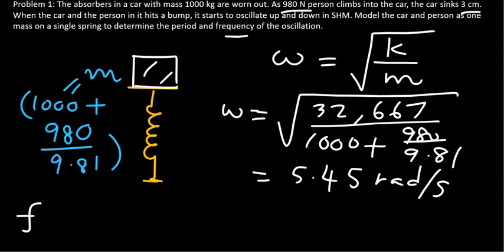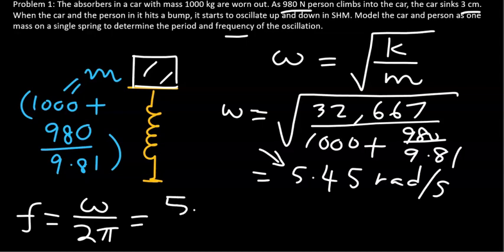So now the linear frequency, which we are looking for, is quite simply the angular frequency divided by 2 pi.